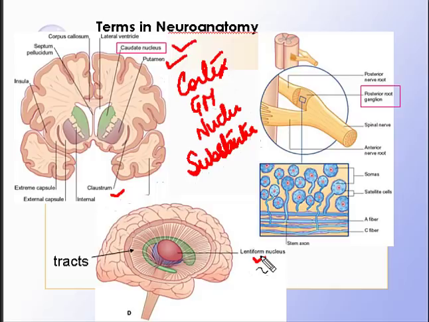In the peripheral nervous system, a collection of nerve cell bodies is given the name of ganglion. And if you remember, I referred to the ganglion earlier. I called it a dorsal root ganglion. Another word for dorsal is also posterior root ganglion. So you have this posterior root ganglion in relation to the spinal cord.